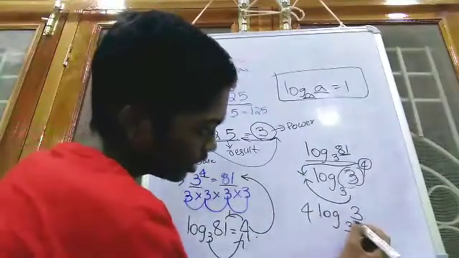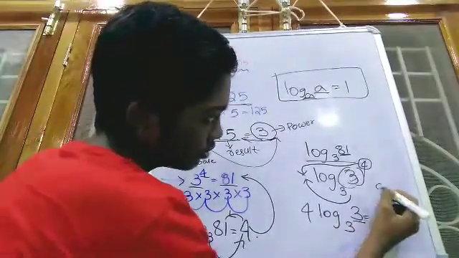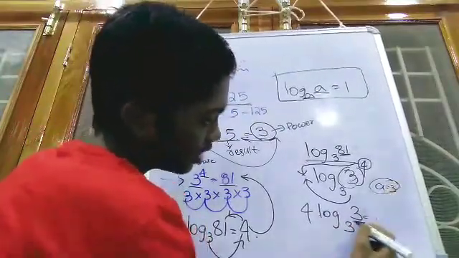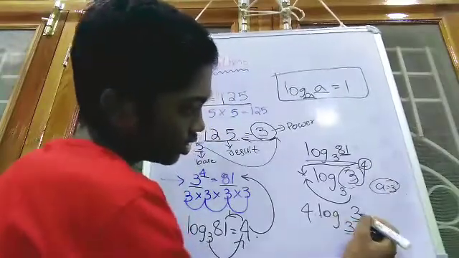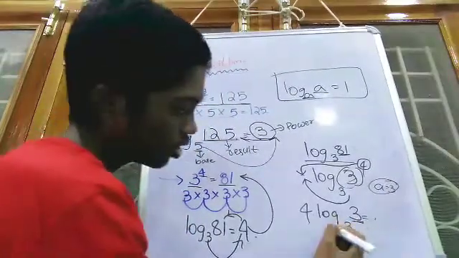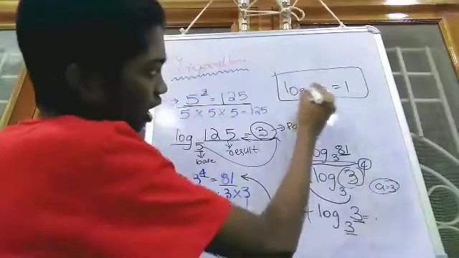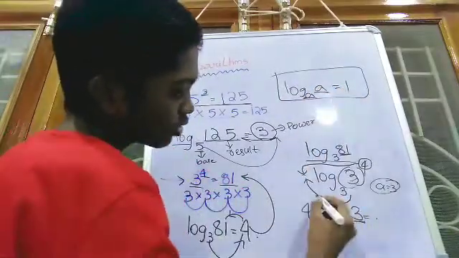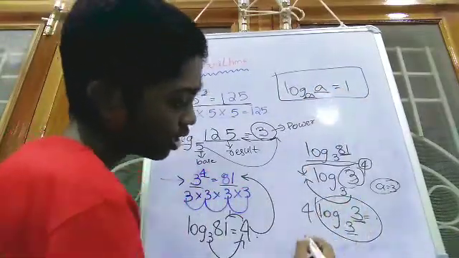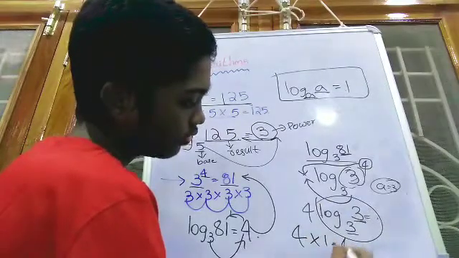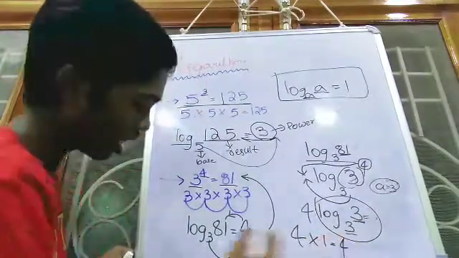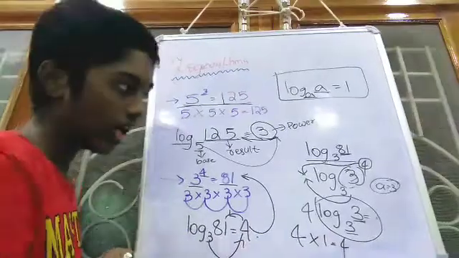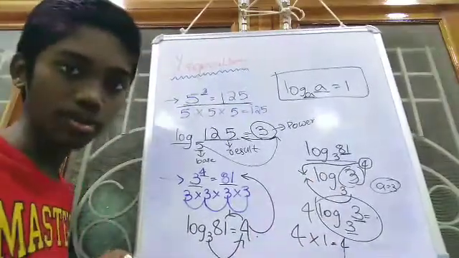Here if we assume 3 as a, here there is a and here there is a, the result and base are both the same. So log a to the base a equals 1. So this log 3 to the base 3 will be 1. 4 into 1 is equal to 4. Here the answer is 4 and here also the answer is 4. Like this we have to express in logarithmic form.